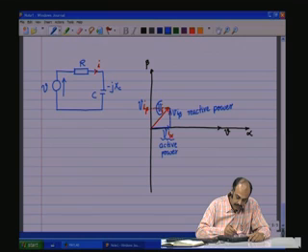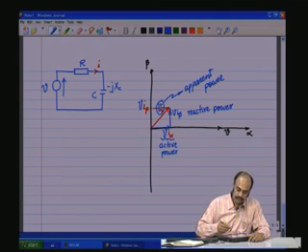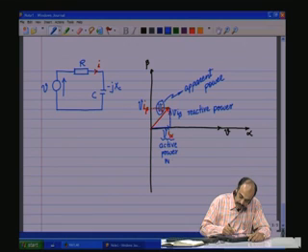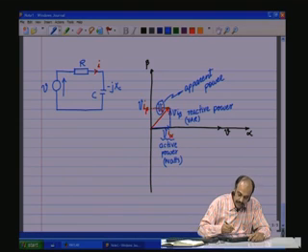This quantity V into I, the resultant of the active power and the reactive power, is called apparent power. This has units of watts. This is called volt amp reactive, VAR. This is simply VA.